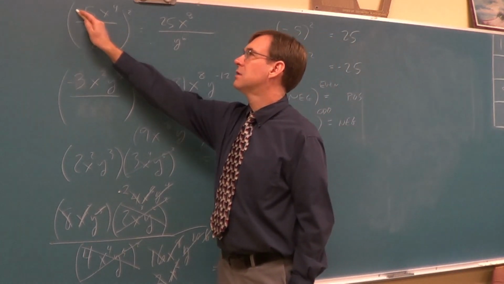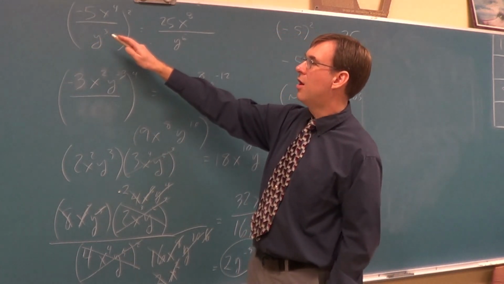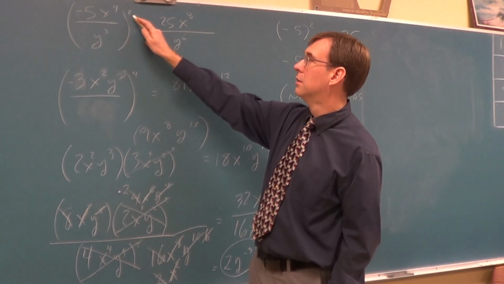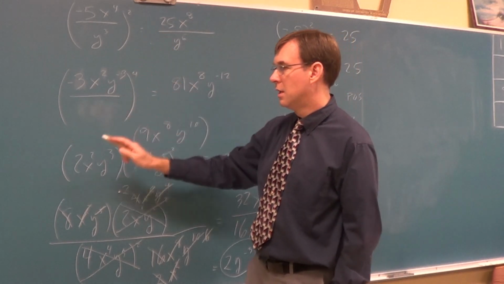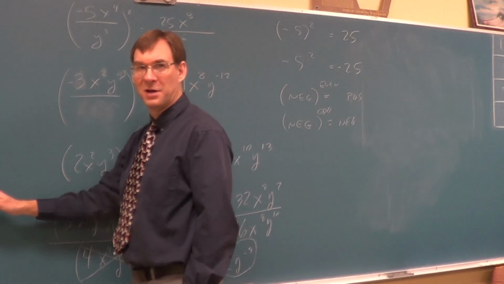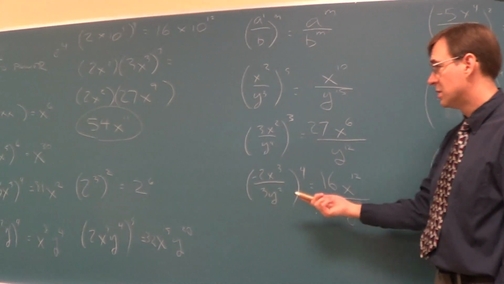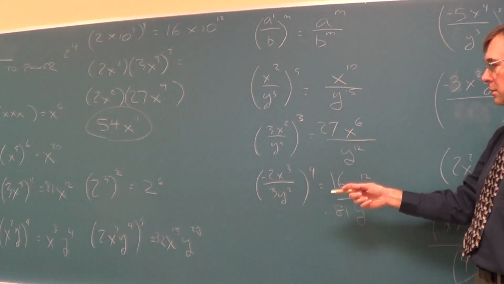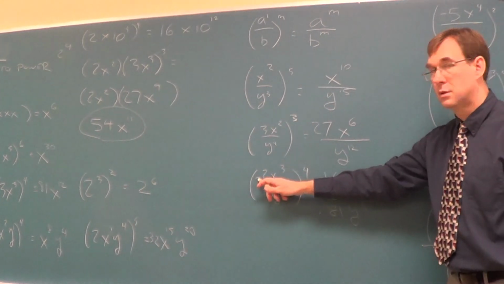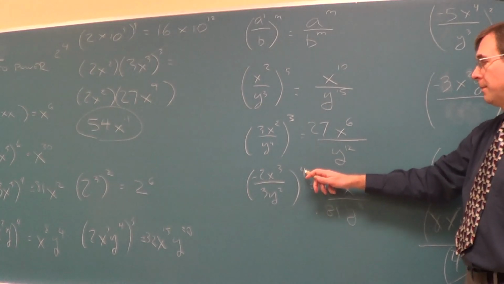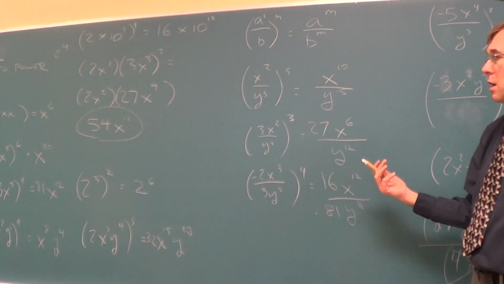So if I do this, does that matter or not? Doesn't matter, because the power was even. This negative, does it matter? No, because for the third time in a row, it's an even power, so who cares?